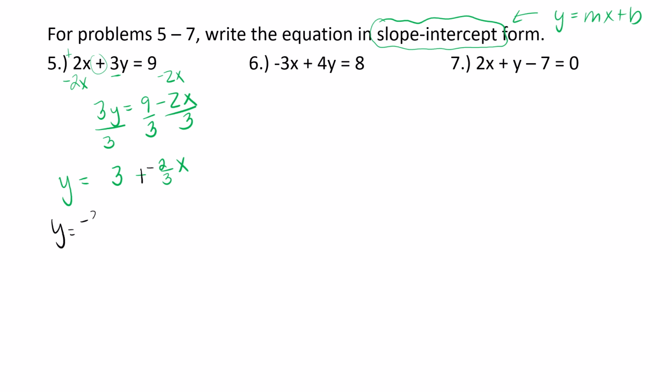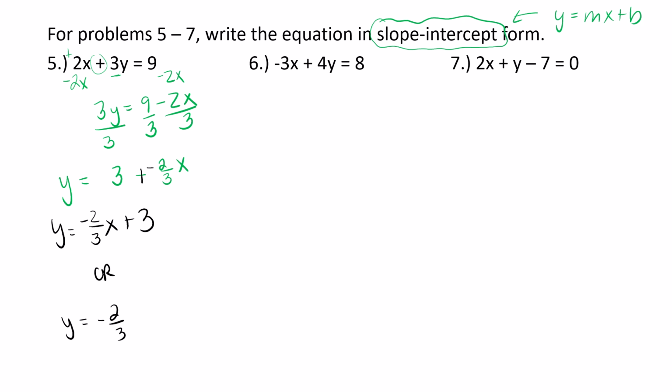And so I probably want to rewrite that in the mx plus b form. So we'll move the negative along with the 2/3 x. Okay, and so your answer should be y equals negative 2/3 x plus 3. You could put the negative out front if you want. Okay, that's kind of up to you where you want to put that.